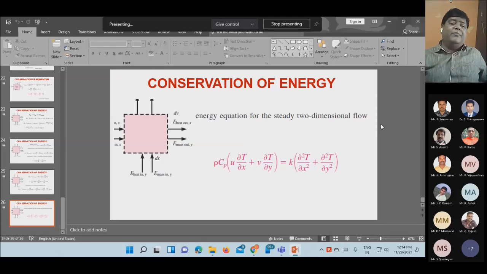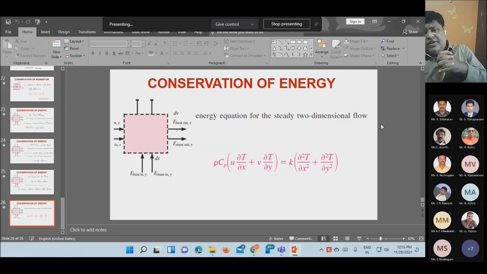So for any given situation, if you want to calculate the heat transfer rate, we should know the local heat transfer coefficient, and only then can we calculate the local heat transfer rate, because H varies from point to point. There are correlations available in a data book with two values: one is the local Nusselt number, another is the average Nusselt number.